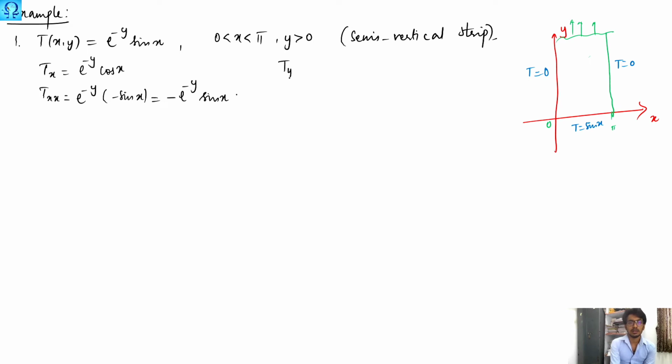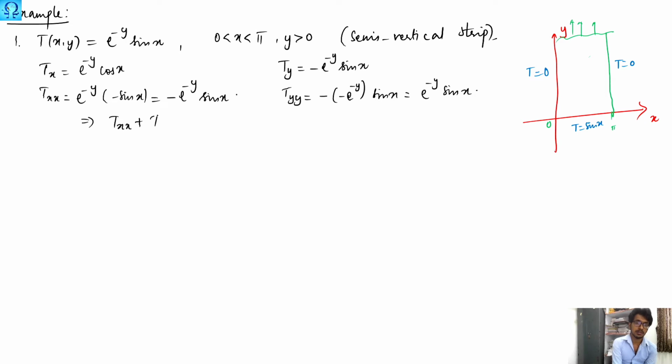Then Ty is minus e to the power minus y sin x, and Tyy becomes minus of minus e to the power minus y sin x, and this becomes simply e to the power minus y sin x. Thus Txx plus Tyy is 0 from the values that we obtained.